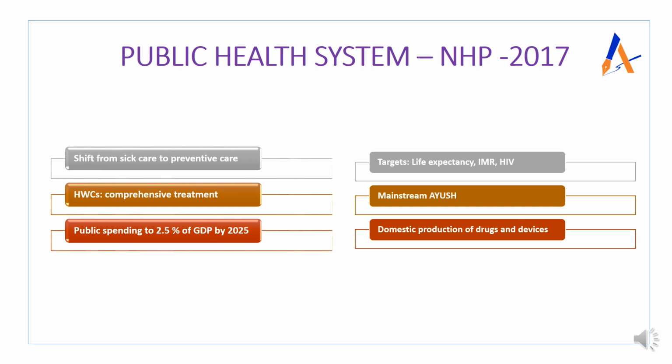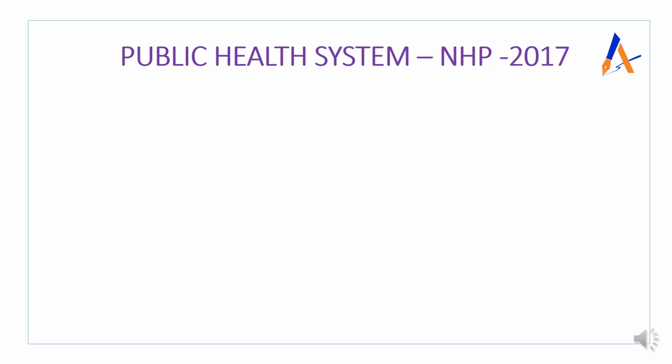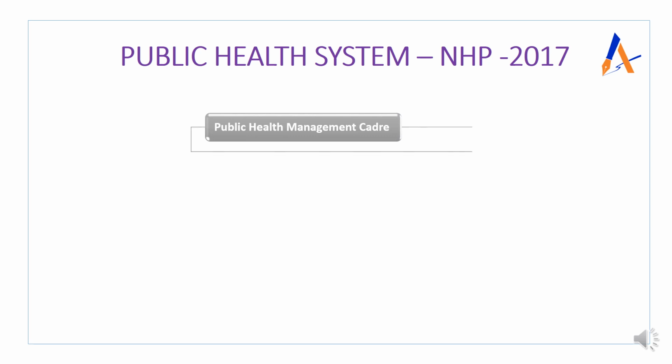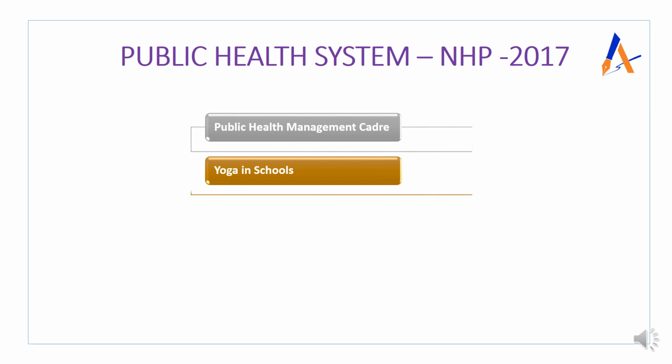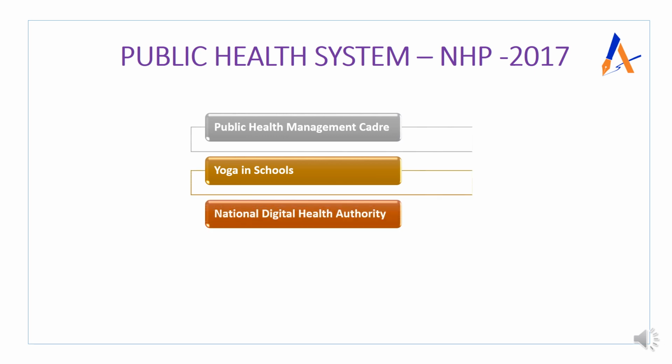There are two, three more points. National Health Policy 2017 is also focusing on a public health management cadre, a special cadre for health management. It is focusing on yoga in schools. It is focusing on a National Digital Health Authority, basically to provide an e-health card where all the data about the patients will be in digital format.